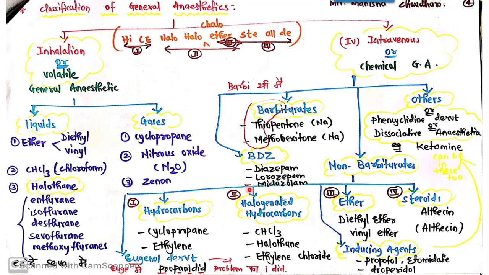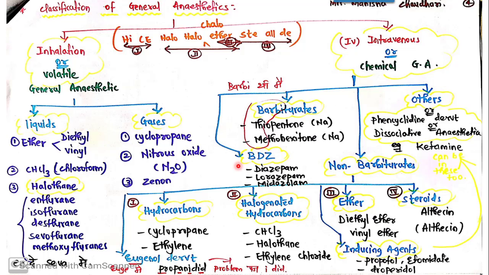You are very familiar with these names since we have been studying CNS acting drugs for a long time. We have studied sedative hypnotics, we have studied tranquilizers, and now we are on general anesthetics.